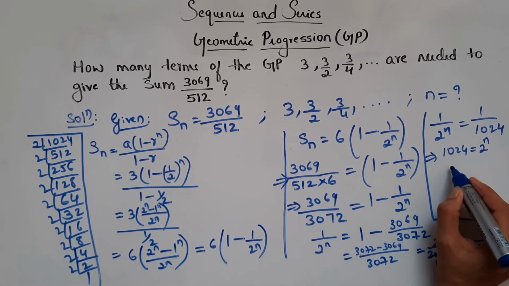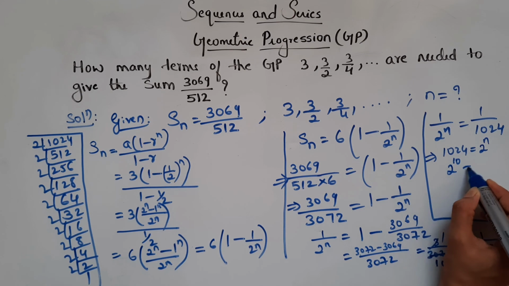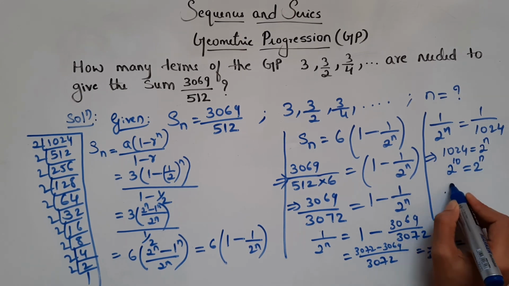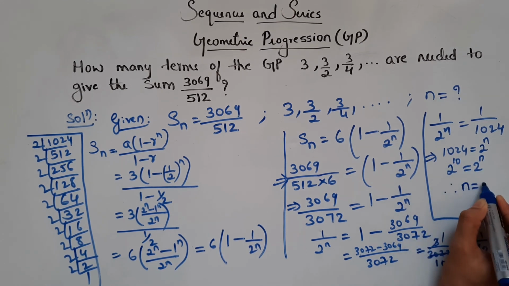So this you can write as 2 power 10, which is equal to 2 power n. So from this we can say n is equal to 10.